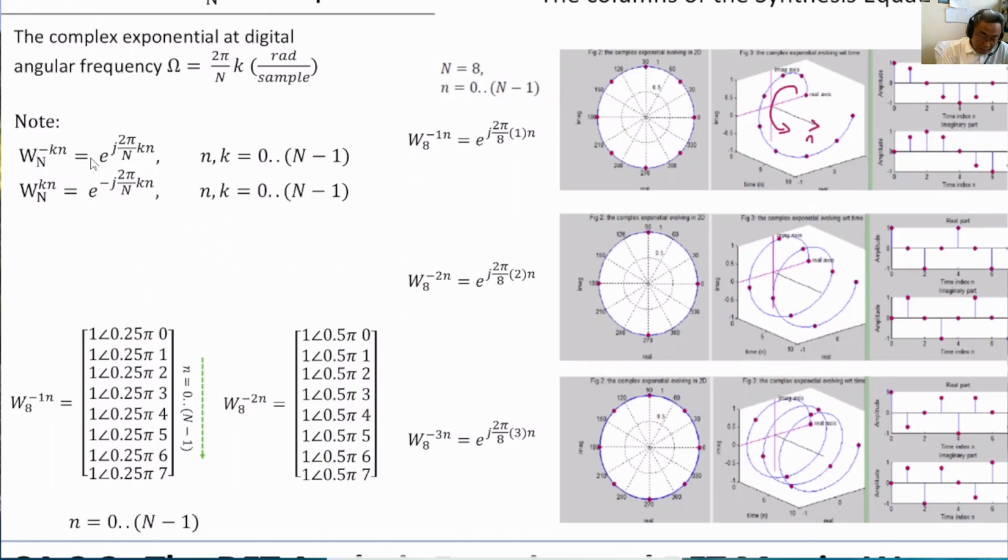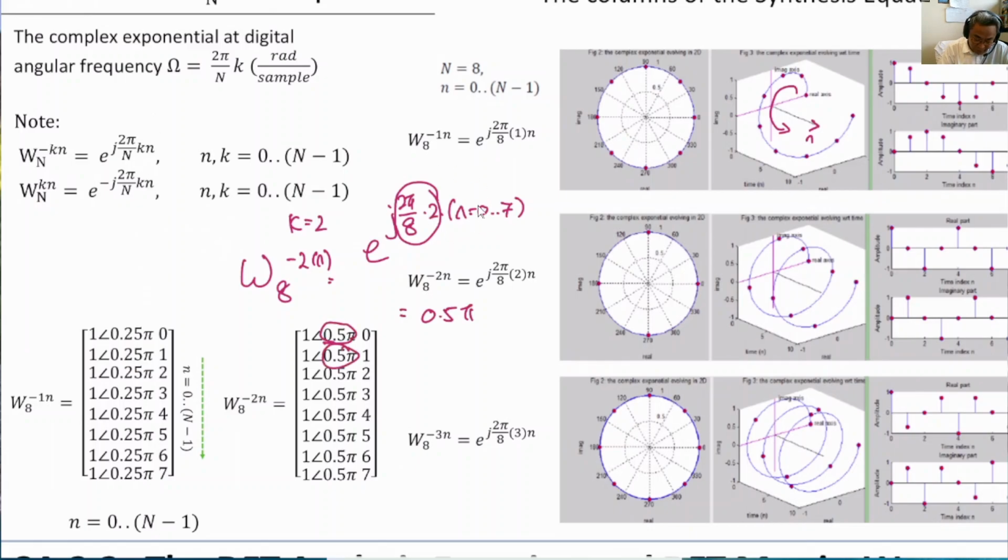We substitute k equals 2 into W_8 to the power of minus kn, and of course we put it into the equation: 2 pi over 8 times 2 times n, for n equals 0 to 7. So you work this out: 2 pi divided by 8 times 2 is of course 0.5 pi.